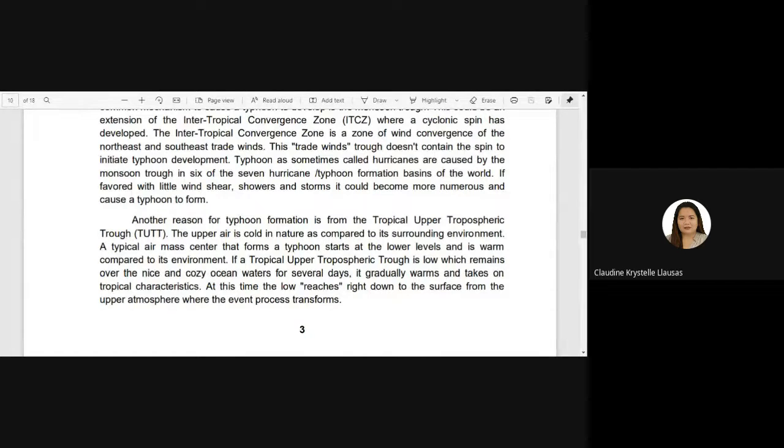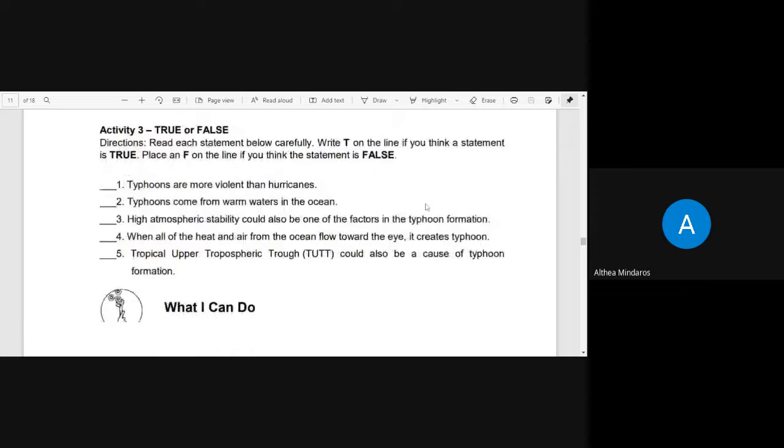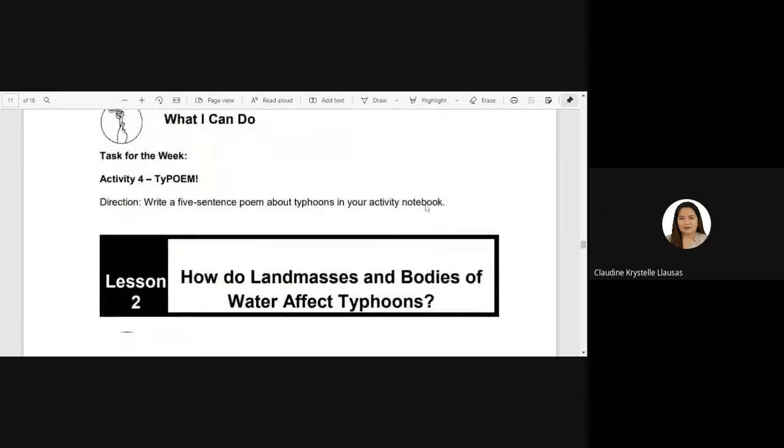So I hope you can read that. Okay, another. What I have learned, I think these are part of the answer sheet? Apil, ma'am. Apil na, okay. T or F lang ang i-sulat.